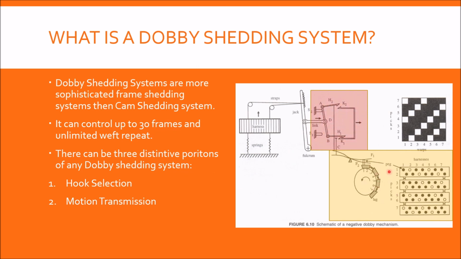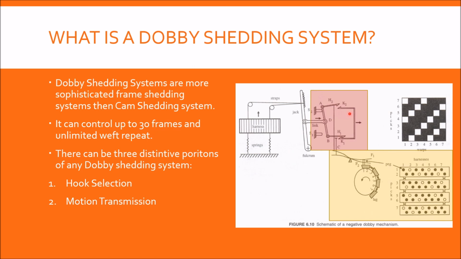So we have the hook selection system, then we have the motion transmission. You can see over there K1 and K2 are the knives, and this arrow indicates the motion that is received from the machine and translated to these two knives. These knives move alternately, and if the hooks are engaged to the knife, the motion is transmitted upon the input from the hook selection system.